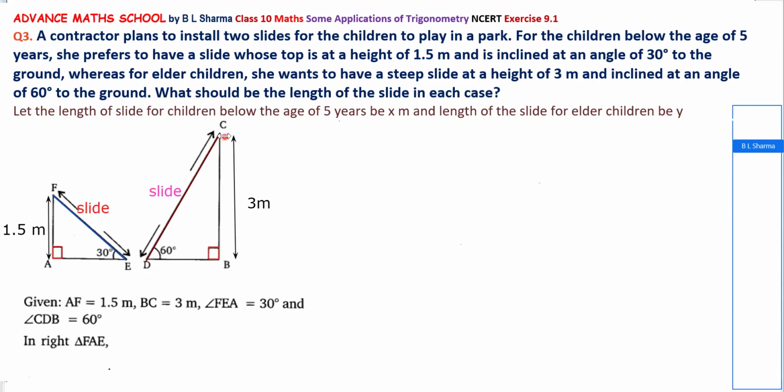The question is, what should be the length of the slides in each case? What should be the length of this and of this?